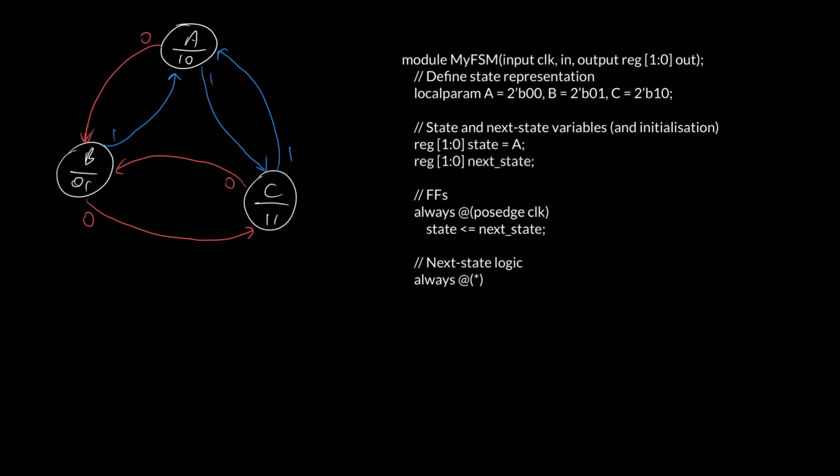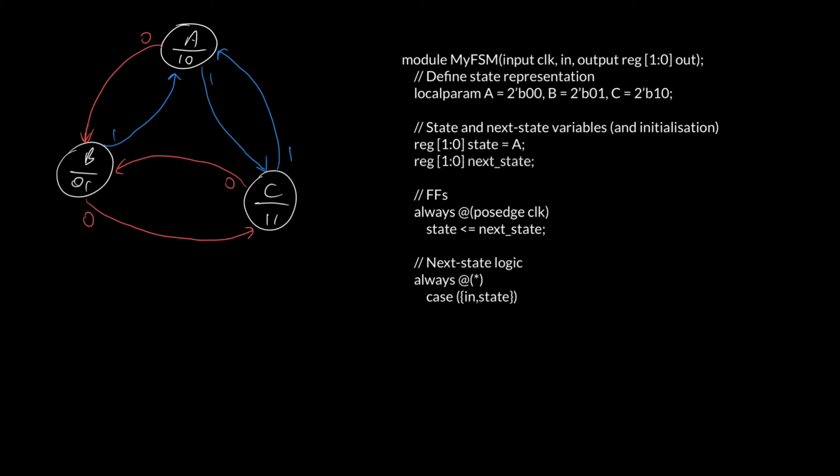Now, of course, if it's a very big finite state machine, then a case statement might be too cumbersome, too many lines, but in this case, we're fine. So case, and our next state depends on both the input and the current state. So I can have input and the current state in here, concatenate them together, and now I just go through the different combinations.